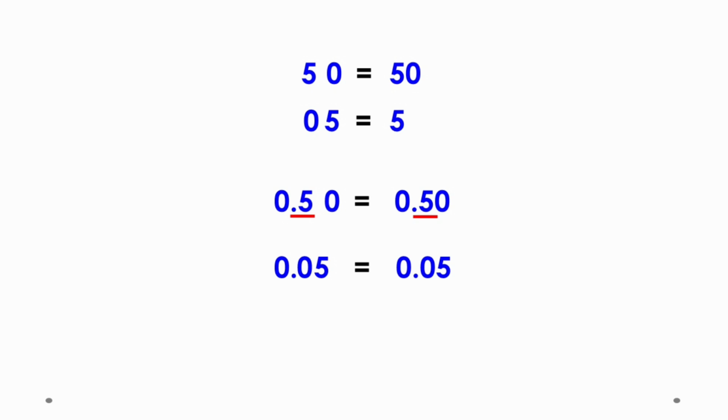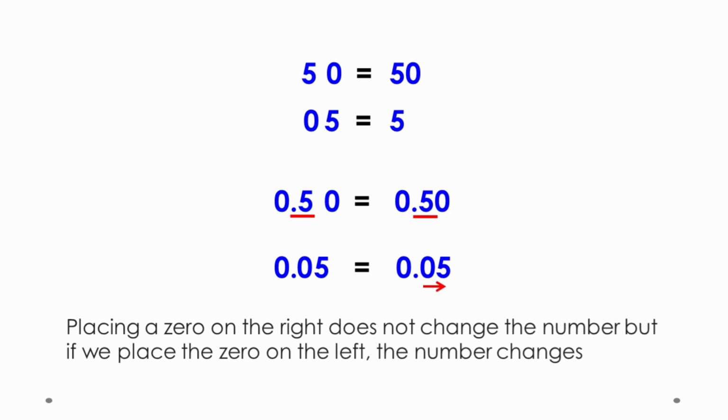As we can see, in this case, 5 has shifted from the 1/10th place to the 1/100th place. So in case of decimal figures, placing a 0 on the right does not change the number. But if we place the 0 on the left, the number changes.